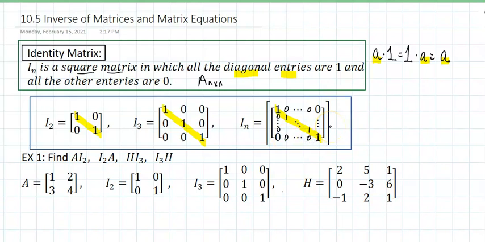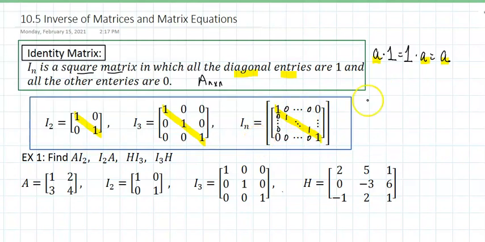The identity for a 2 by 2 is 1 across the diagonal and 0 everywhere else. 3 by 3, 1 across the diagonal and 0 everywhere else. For I sub n, 1 across the diagonal and zeros everywhere else.